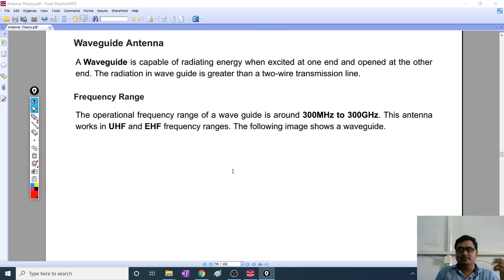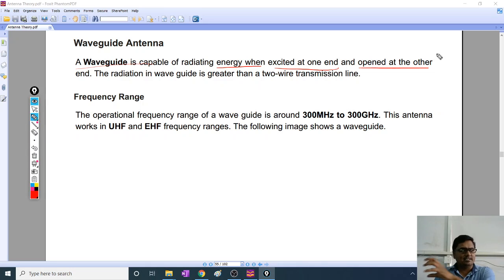Waveguide antennas are nothing but a simple waveguide which holds the ability to radiate the signal. If it is radiating, then yes, it is an antenna. A waveguide is capable of radiating energy when excited at one end and open at the other end.